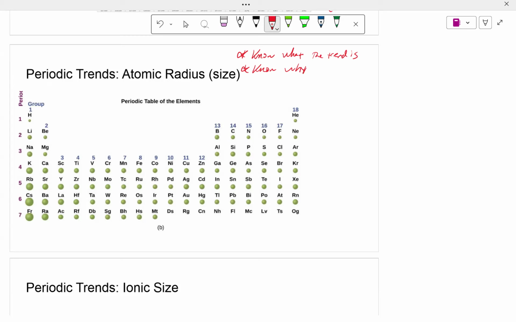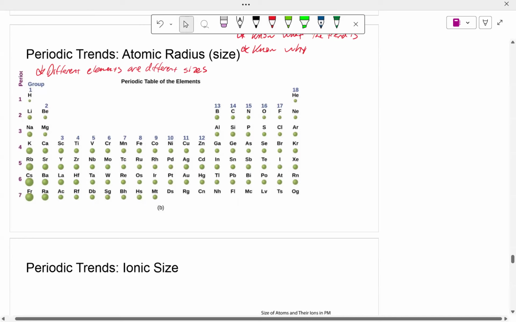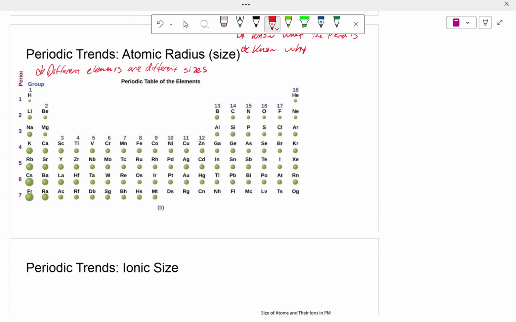Now, the first important thing to note is that different elements are different sizes. So the general trend, this is the what of atomic radius, is that as you go down the periodic table, size increases.